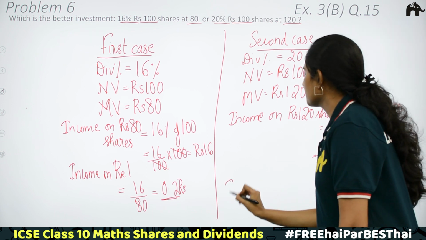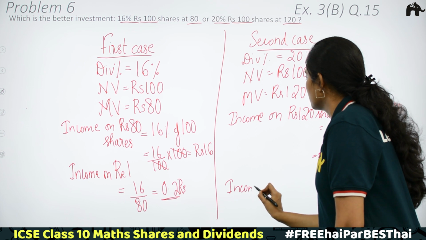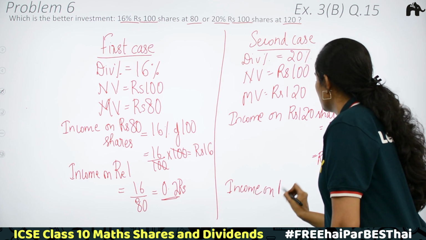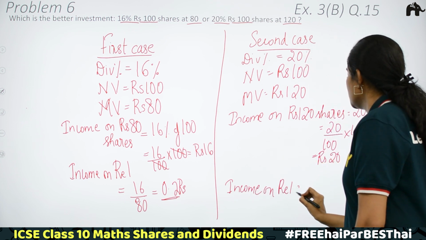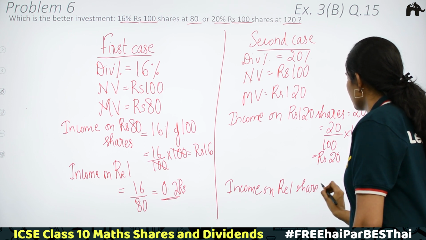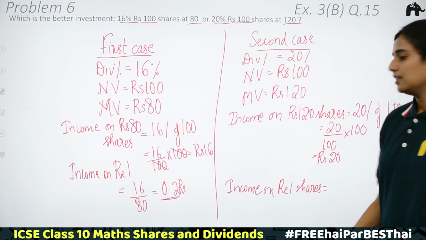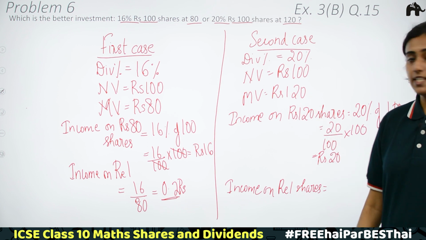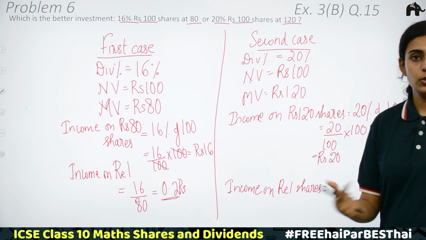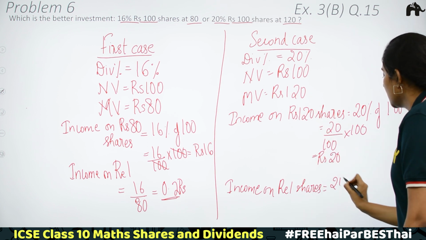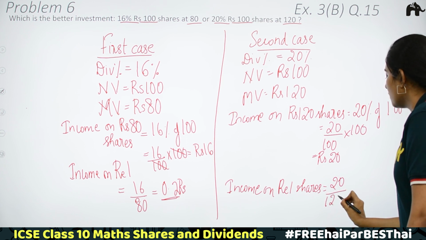Now income on rupee 1 shares. Divide 120 from 20. 20 divided by 120.